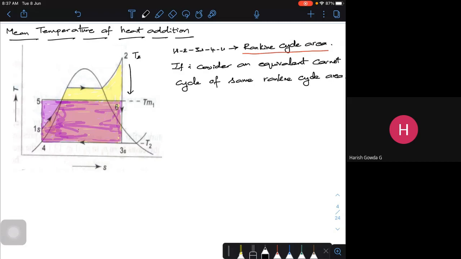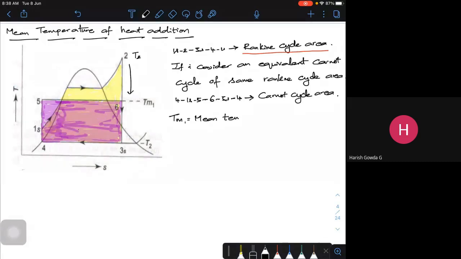For the Carnot area, it is 4, 1s, 5, 6, 3s and 4. This is my Carnot cycle area. So I'm going to get something called TM1 or whatever it may be. This is your mean temperature.